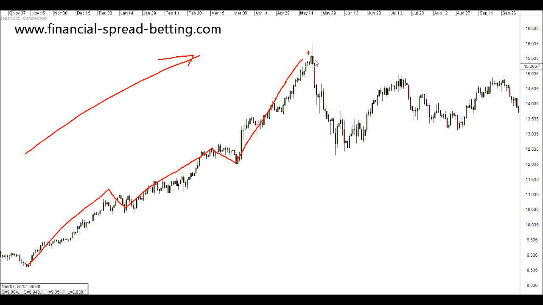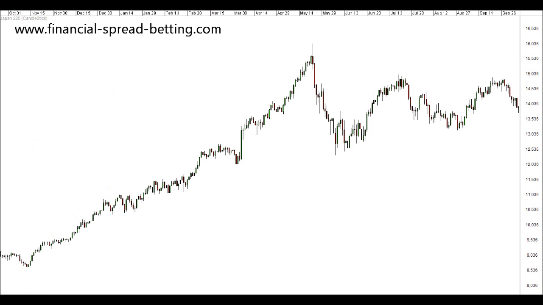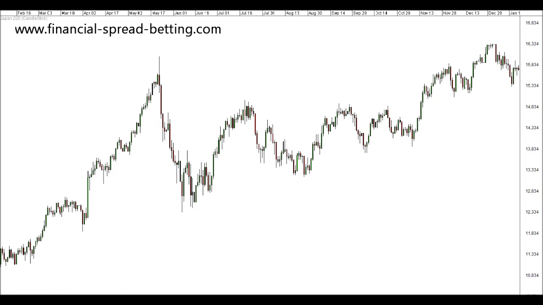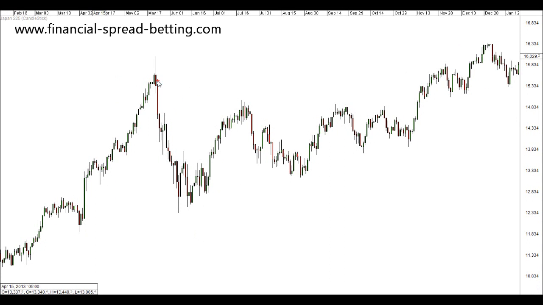Time for our ABC correction, and this time we have a triangular ABC correction formation. A, B, C, D, E, and then price continues on the upside.